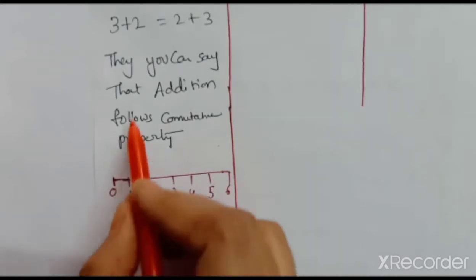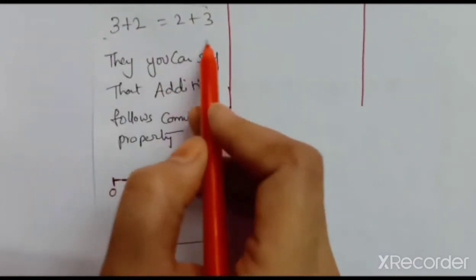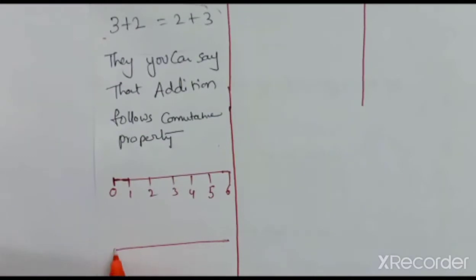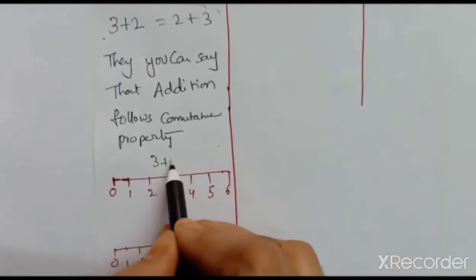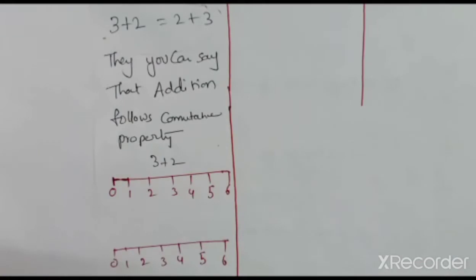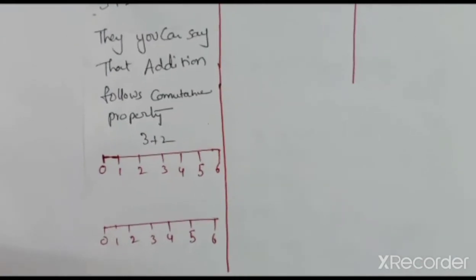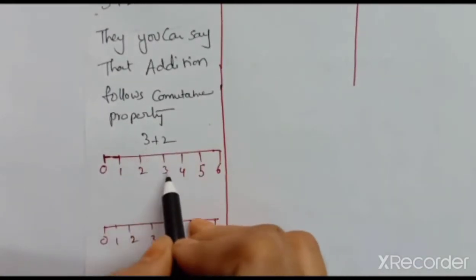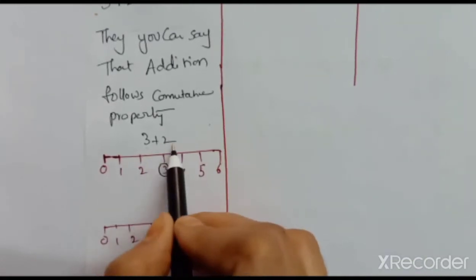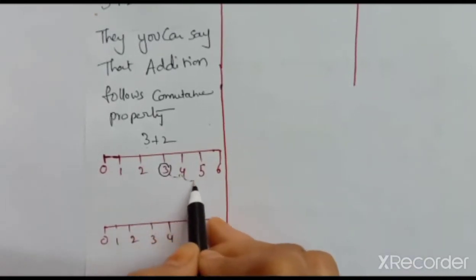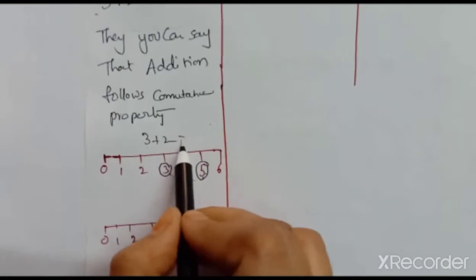Let's see for this example only, 3 plus 2 and 2 plus 3. Now see here, 3 plus 2 is equal to, where is the 3? Here, this is the 3. Now add 2 units, 1 unit, 2 units. This is the answer. So 3 plus 2 is equal to 5.